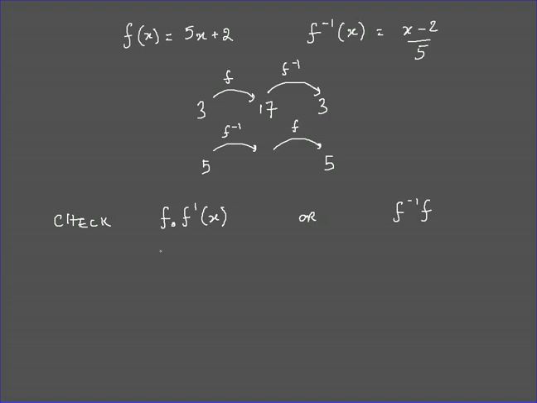Let's try this one first. So going through f to the minus 1 of x first, going through the inverse, we see this, and then taking this expression through f. Remember, it's not about the letters here. f tells us to multiply by 5 and add 2. So f of this is multiply by 5 and add 2.